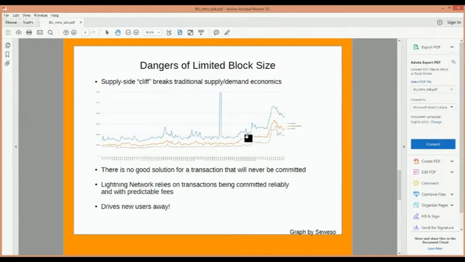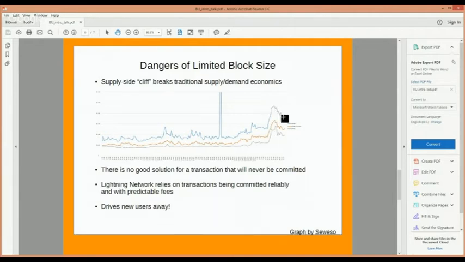As you can see, this is a little graph I pulled from the internet, and you guys probably can't see the dates, neither can I, but basically right when we truly hit the limit where all the blocks were full, the supply can never get larger in today's network. So the fees shot through the roof, right?